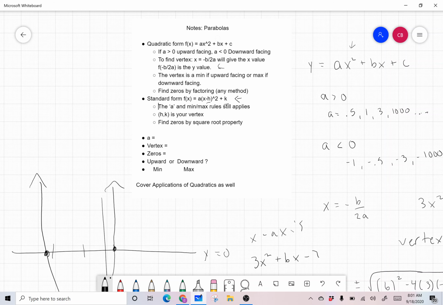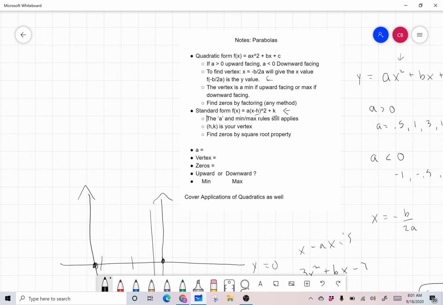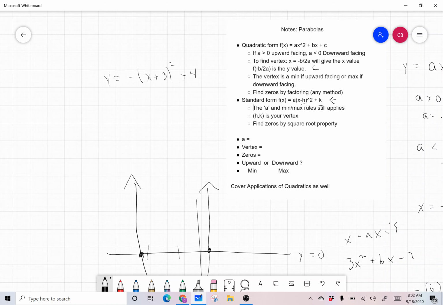We've done that. That would be like if I gave you y equals negative, I don't know, x plus 3 squared plus 4. So if we're going to solve that, we have 0 is equal to negative x plus 3 squared plus 4, which is minus 4 is equal to negative x plus 3 squared, divided by negative 1. 4 is equal to x plus 3 squared, square root.